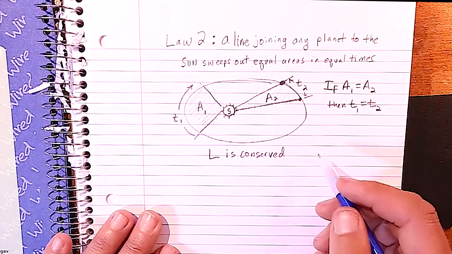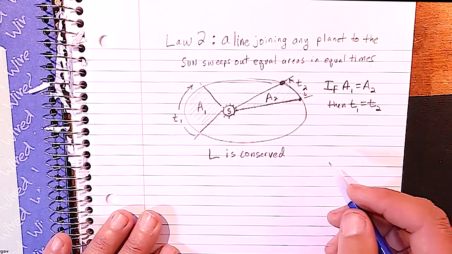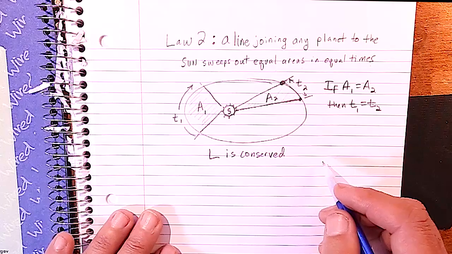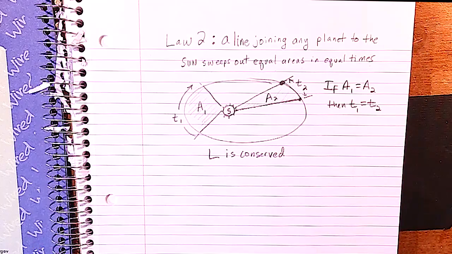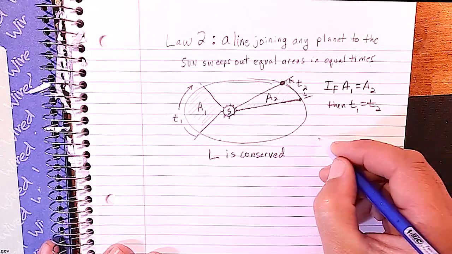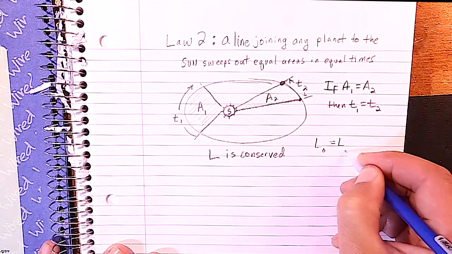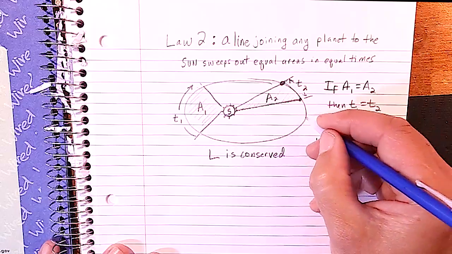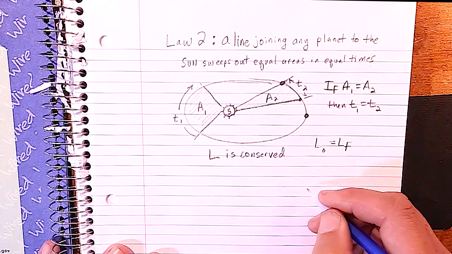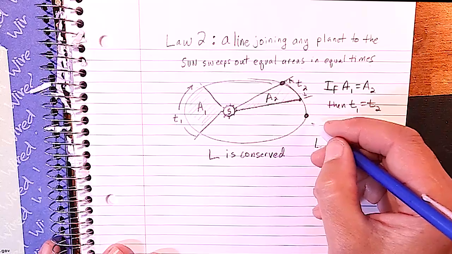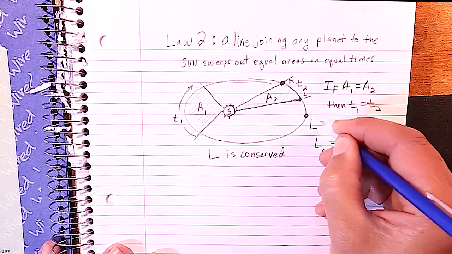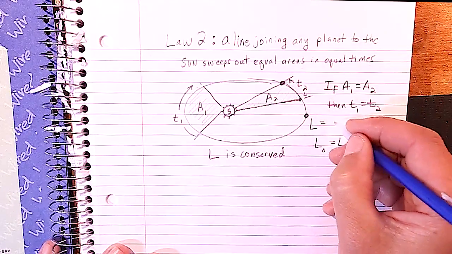And this is the result of the angular momentum being conserved. There are no net external torques on the system. So what does that mean? It means that L initial has to be equal to L final. So let's pick a point out here and think about r cross mv. Out here we have L, which has to be the same at every single point around here.